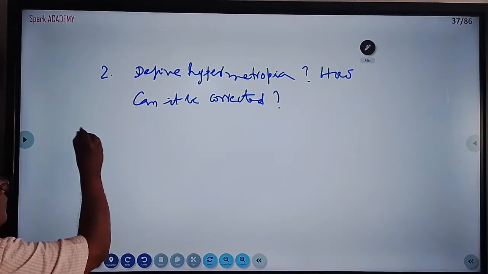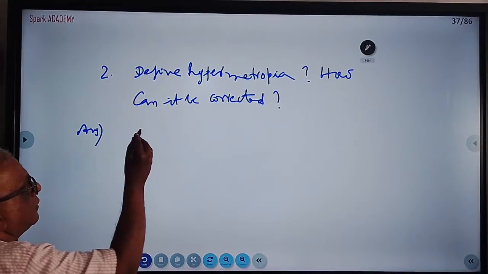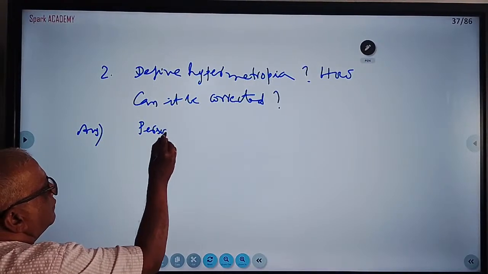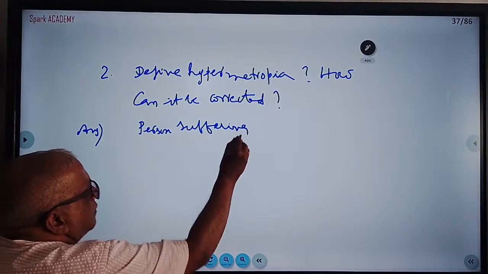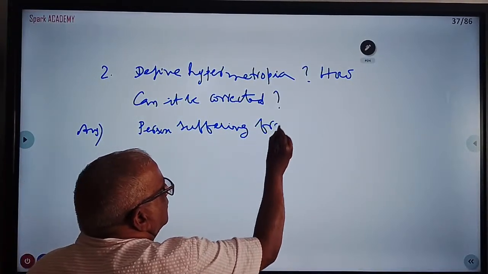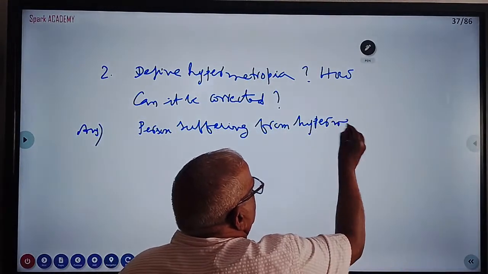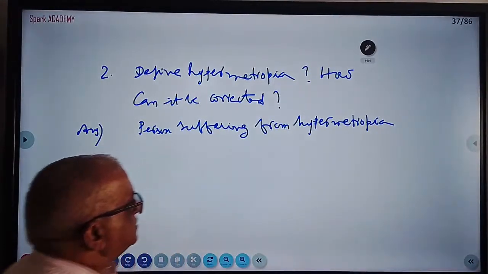What is hypermetropia? Answer: hypermetropia is called long-sightedness.